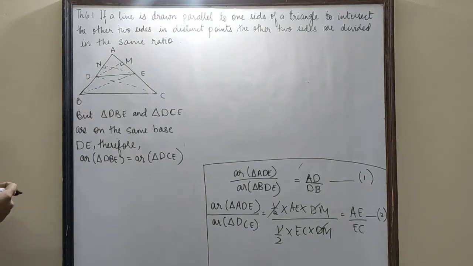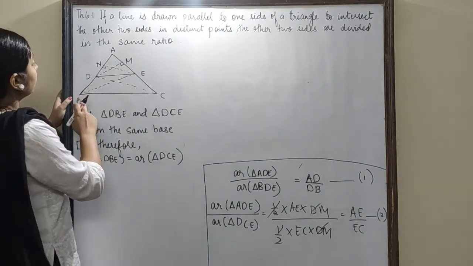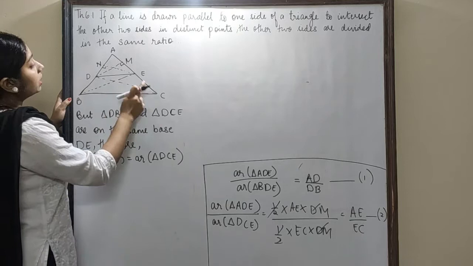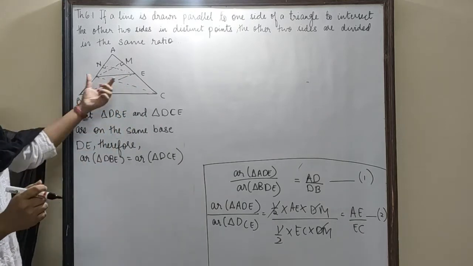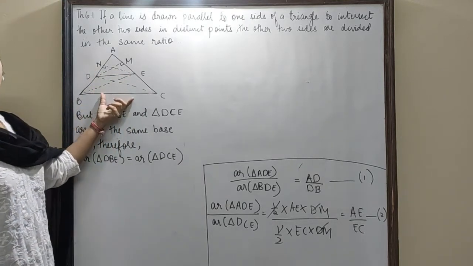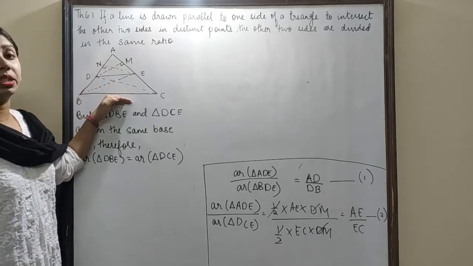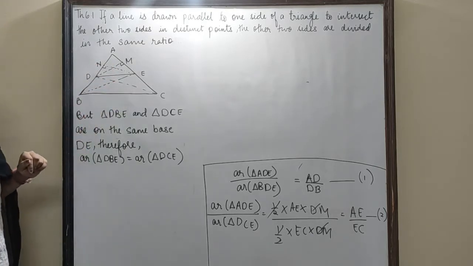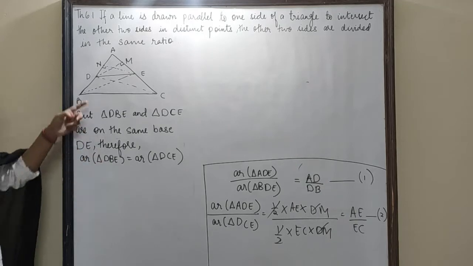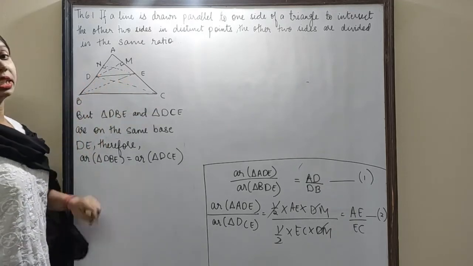One more property we can see here, children. Triangle DBE and triangle DCE lie on the same base, that is DE, and between the same parallels, that is DE and BC. Therefore, the areas are equal. That means area of triangle DBE is equal to area of triangle DEC.